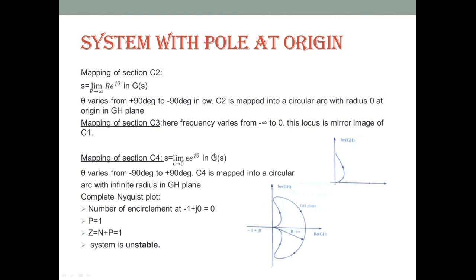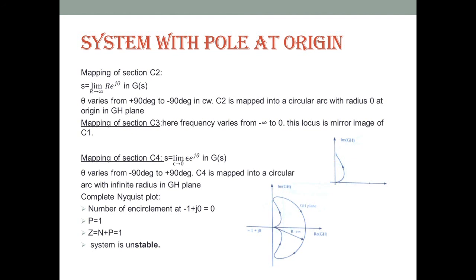So according to the number of encirclements and the number of poles, we can find the stability of the system. And if there are no open-loop poles at the right-hand side, then P becomes 0, and if there is no encirclement of the Nyquist plot around minus 1 plus j0, then N also becomes 0, and Z is equal to N plus P, which gives Z equal to 0.